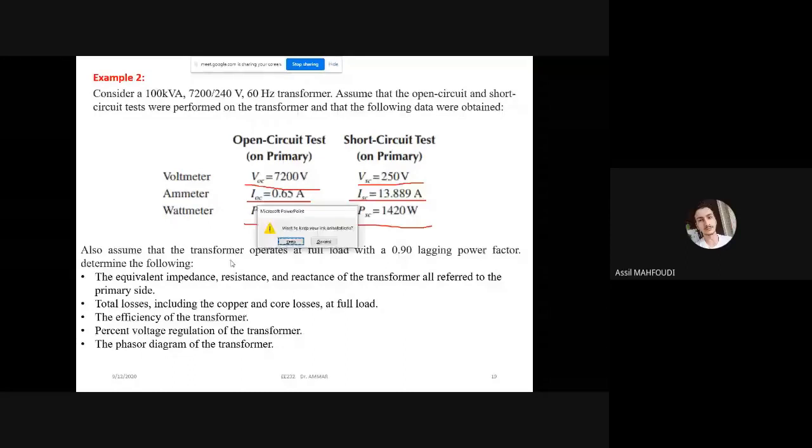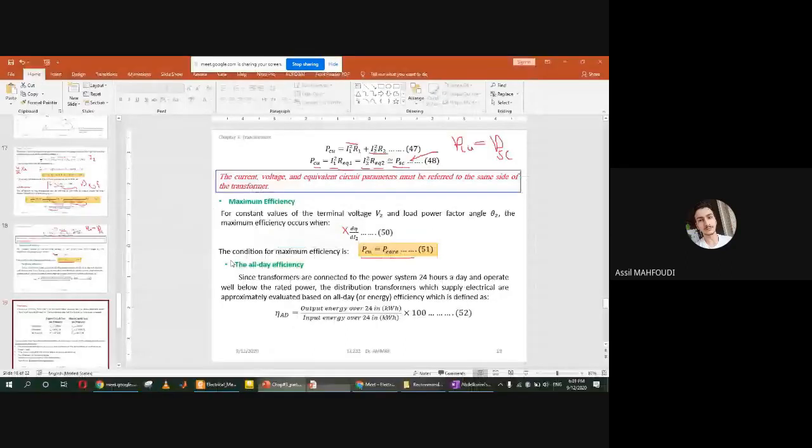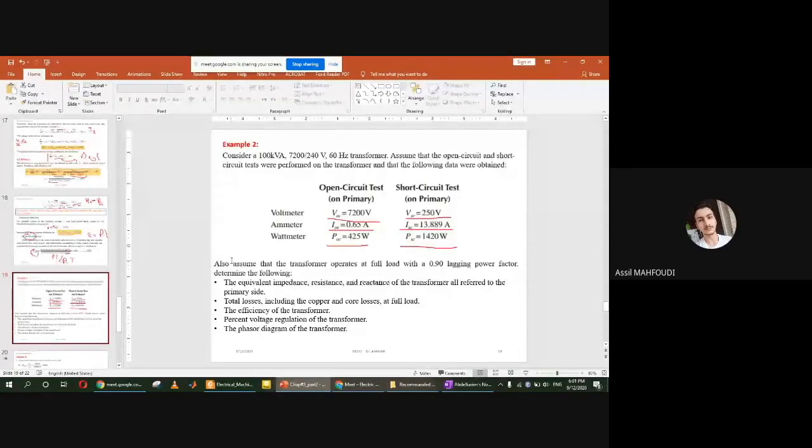Sir, please, when we say open circuit on primary, does it mean we open the primary? No. Let's not mix between primary and secondary, and high voltage and low voltage.